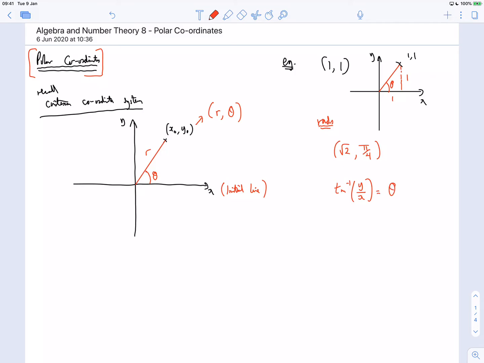Okay, that's pretty much it for being able to identify points from a Cartesian coordinate system to a polar coordinate system. And just for the record, there are quite a few coordinate systems you could use.